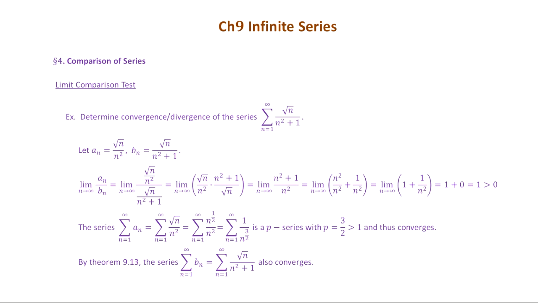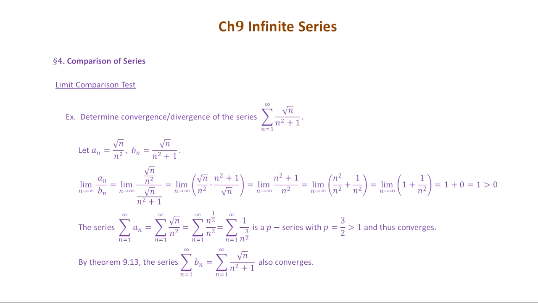Take the ratio of a_n over b_n and take the limit with n approaching infinity. So plugging in, we got square root n over n squared over square root n over n squared plus 1. Again, flip the denominator, we got square root n over n squared times n squared plus 1 over square root n. And then the square root n cancels on the top and at the bottom. So what is left is just n squared plus 1 over n squared.